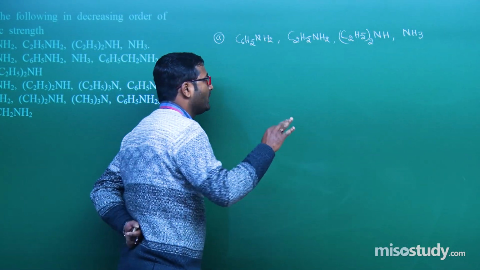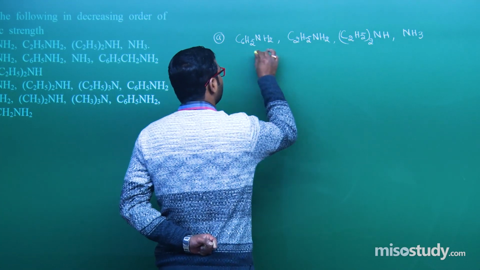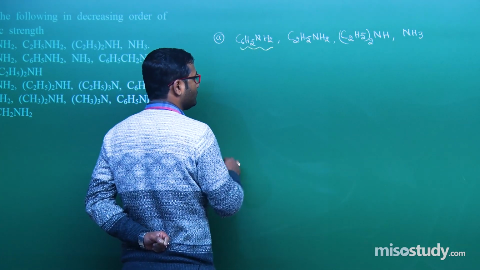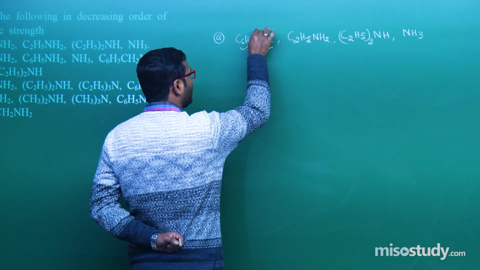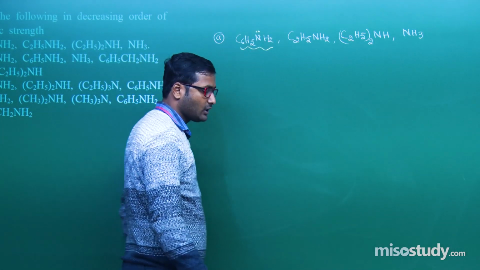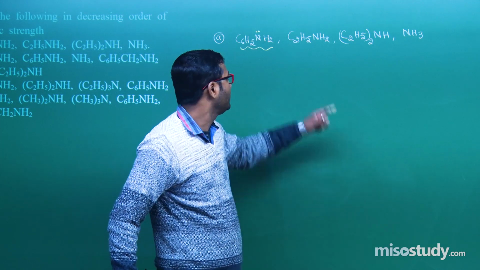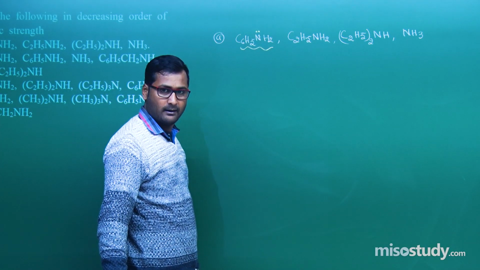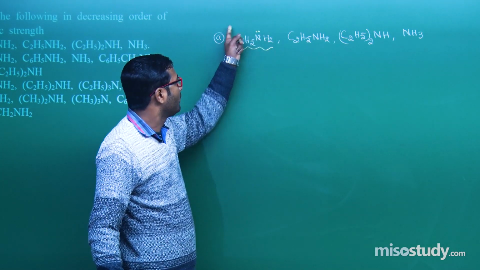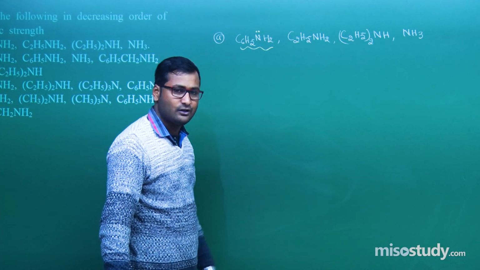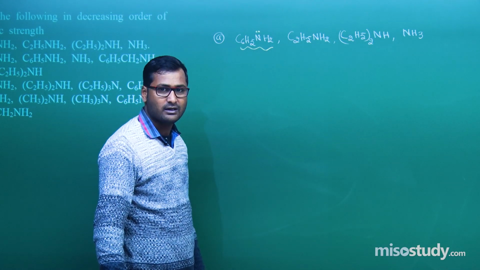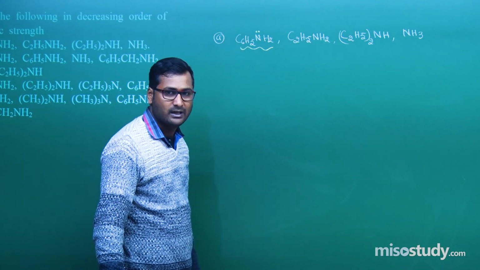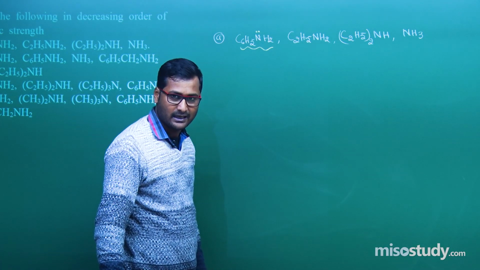Now if I check C6H5NH2, as we know, there is a lone pair, but the delocalization of the lone pair of electrons on the nitrogen atom takes place over the entire benzene ring. Due to this reason the electron density decreases. If the electron density decreases, then it will have less basic character.